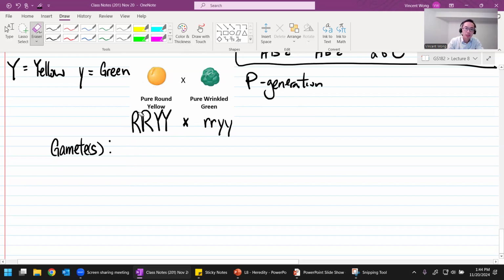If you think about it, it's big R only, so guarantee a big R, and big Y only, guarantee a big Y, and that's the only one. I'm gonna put a bar here to separate the parents. How about for pure wrinkle green? Same story, right? It can only produce small r and small y.